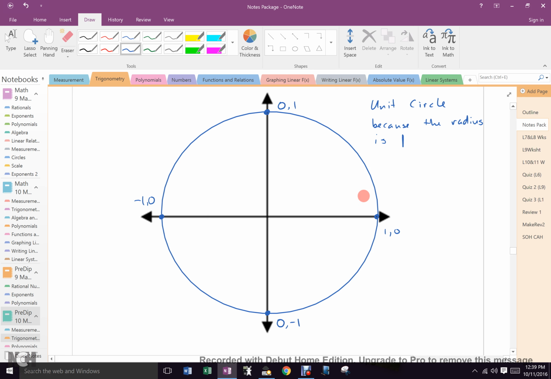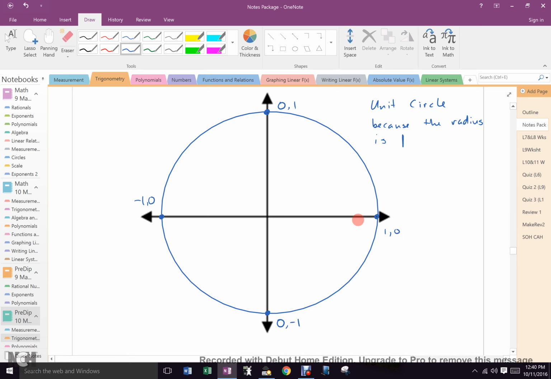So if this is the unit circle, its radius is 1. But can we shrink or grow that circle? Yes, of course we can. If I make this circle bigger, then what is going to change here? The x or the y coordinate? If I stretch this circle, well, circles, if you stretch in one direction, they stretch in all directions.